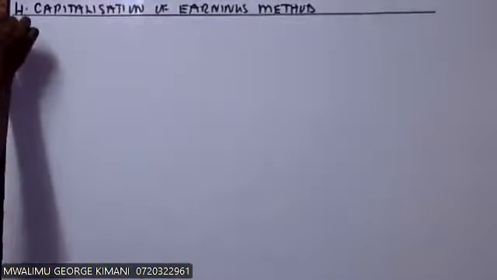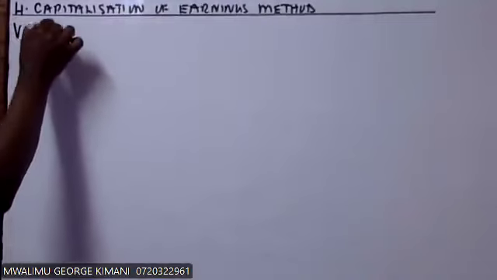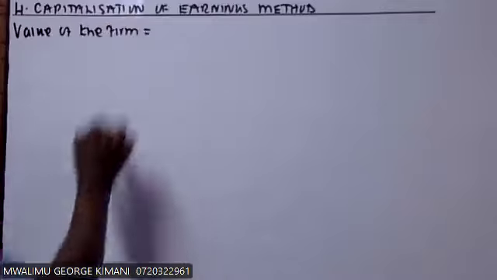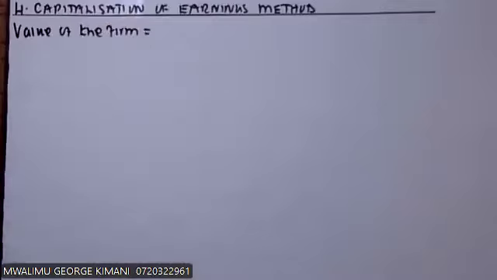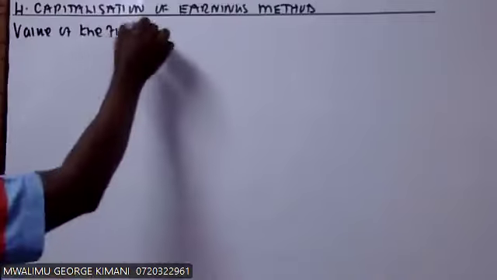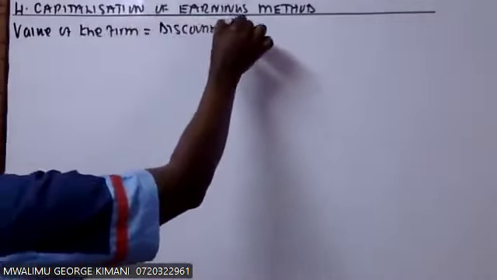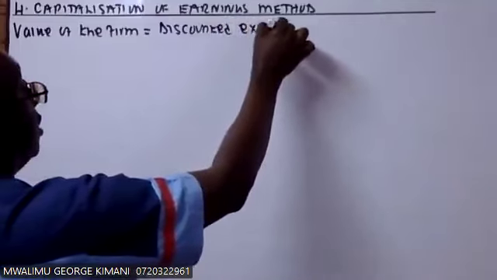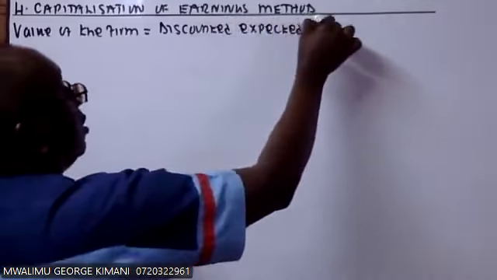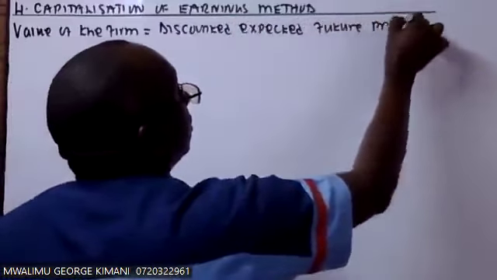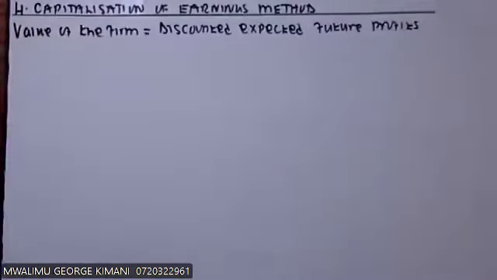Then you write this formula. Value of the firm is equal to discounted expected future profits.